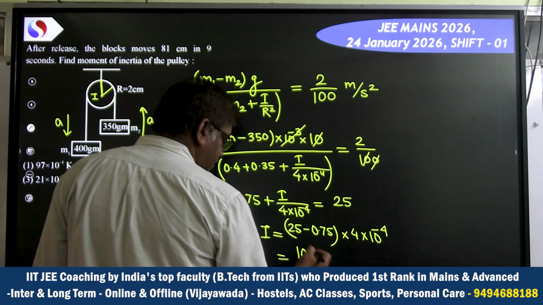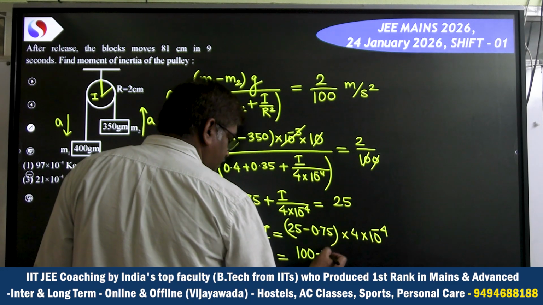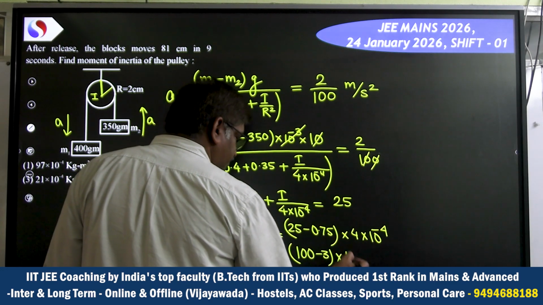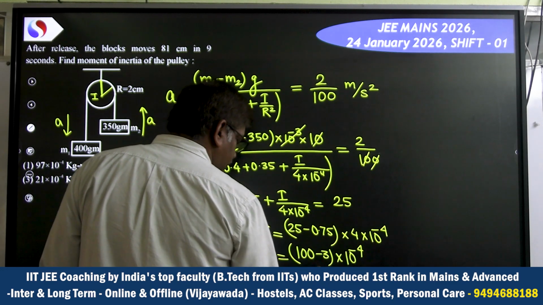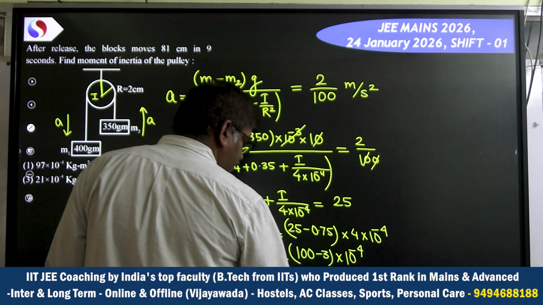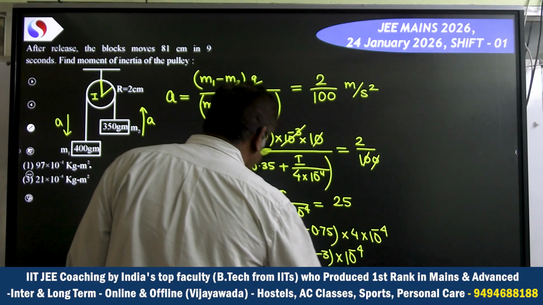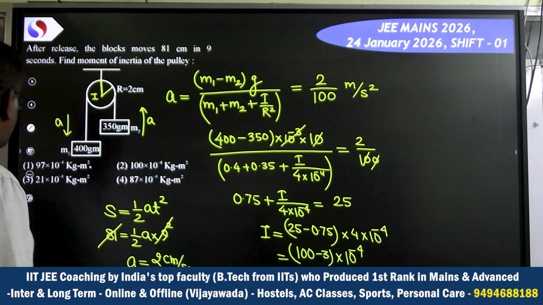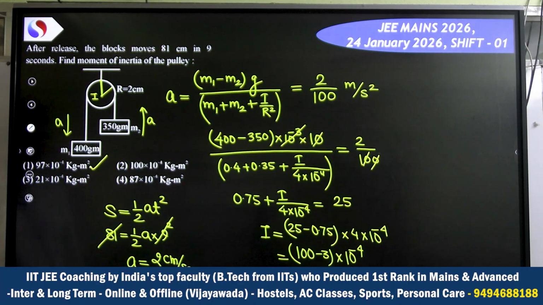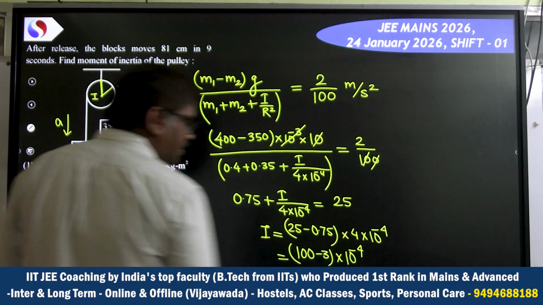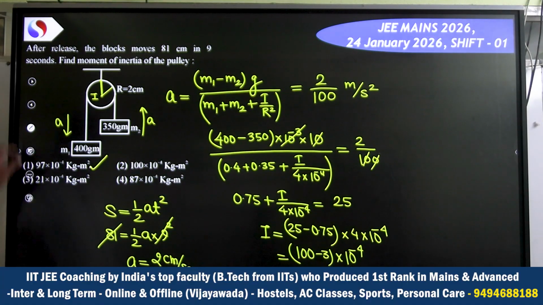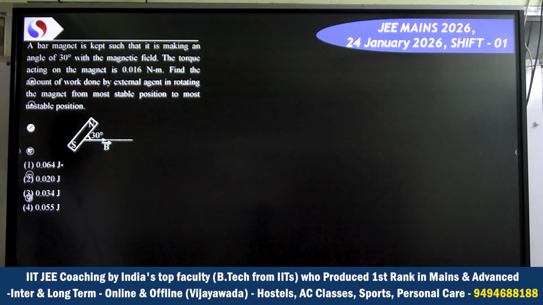This is 100 minus, this is 3. So 97 into 10 to the power minus 4. We already converted all the units in SI. That's why kg meter square. 97 into 10 to the power minus 4 kg meter square. Kg into meter square, correct? Move to the next one.